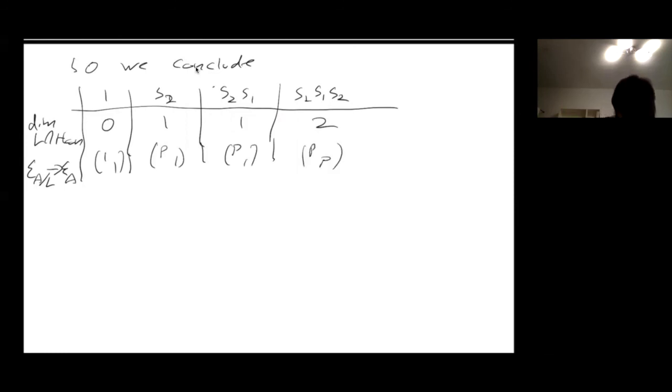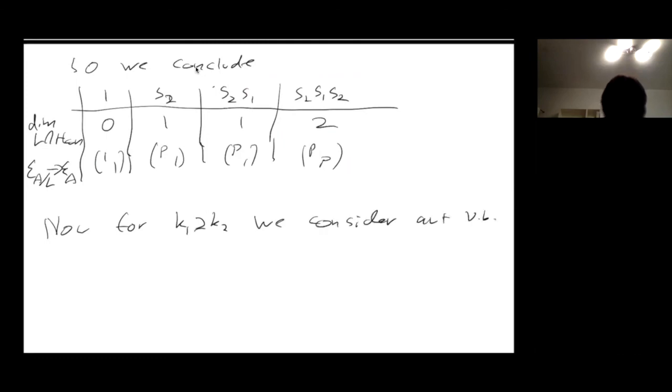Okay, so now for k1 bigger than or equal to k2, we consider the automorphic vector bundle Sym^(k1-k2) of the Hodge bundle, tensor the determinant of the Hodge bundle to the k2. We want to take this symmetric power times determinant of each of the matrices and ask what's the smallest valuation of one of the entries. And that gives us our slope bound.